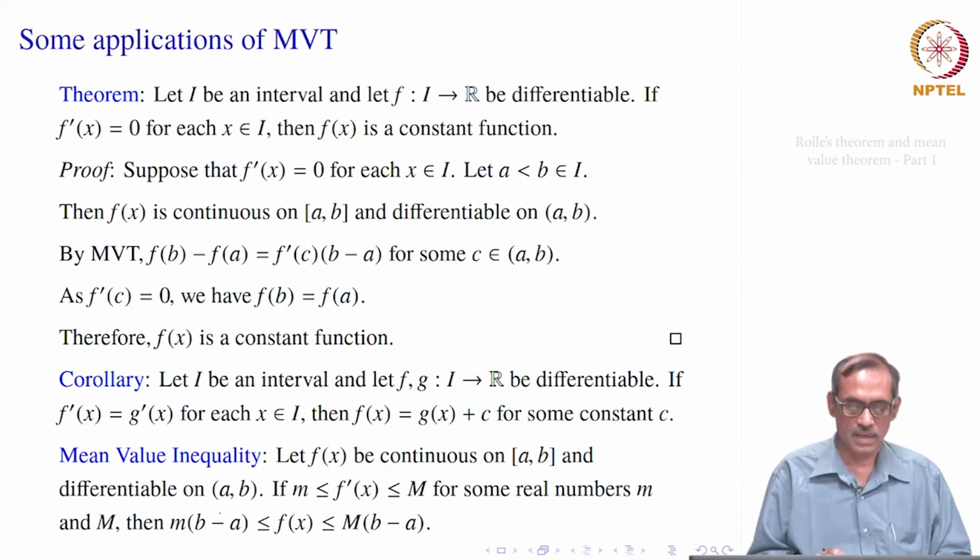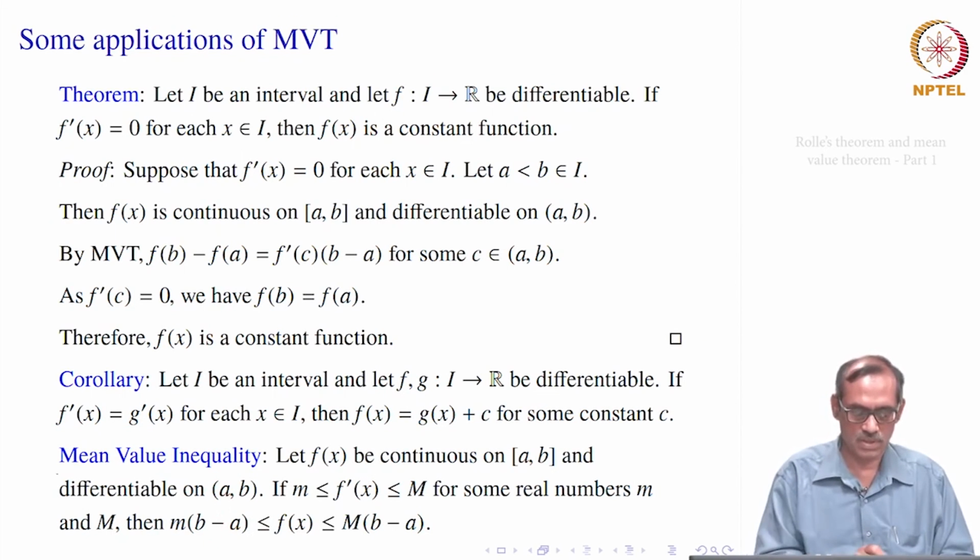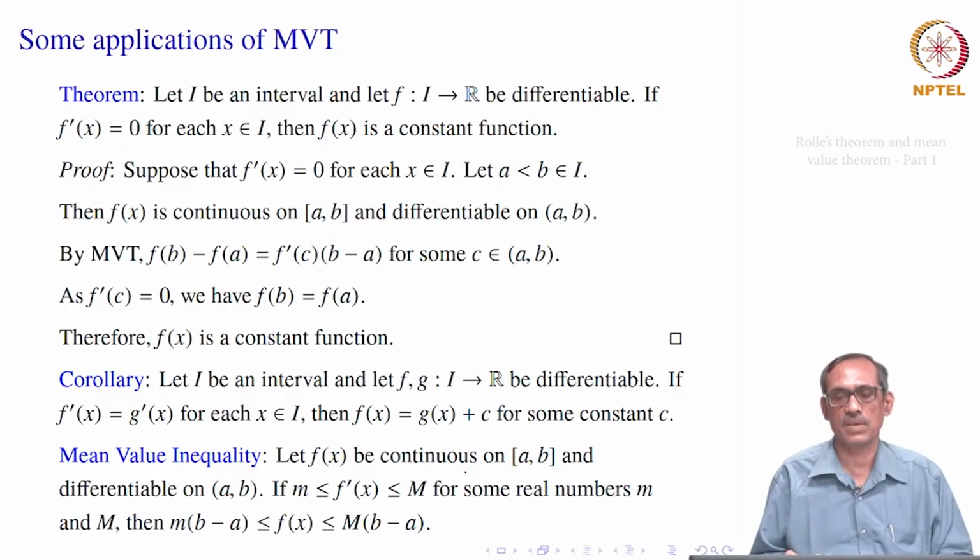And there is another corollary which is called the mean value inequality, which says that suppose f x is a continuous function on a b and it is differentiable on the open interval a b, and suppose its derivative is bounded, say small m is less than or equal to f prime x is less than or equal to capital M for every x in that interval a b.